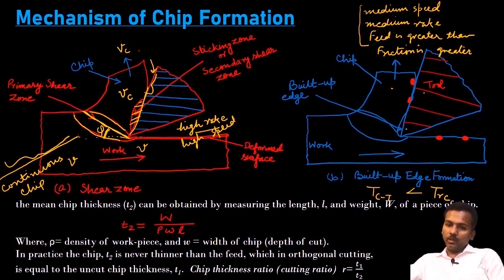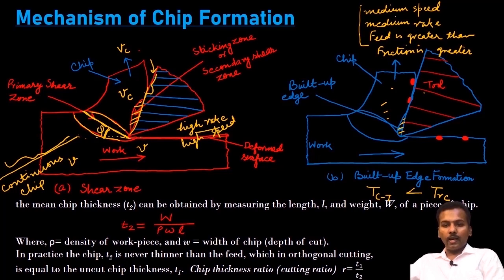In contact with the tool, there will be a localized zone of the material. This material zone, the secondary shear zone, is created because of the contact with the tool. So the material just adjacent to and in contact with the tool will deform more than the other zone of material.